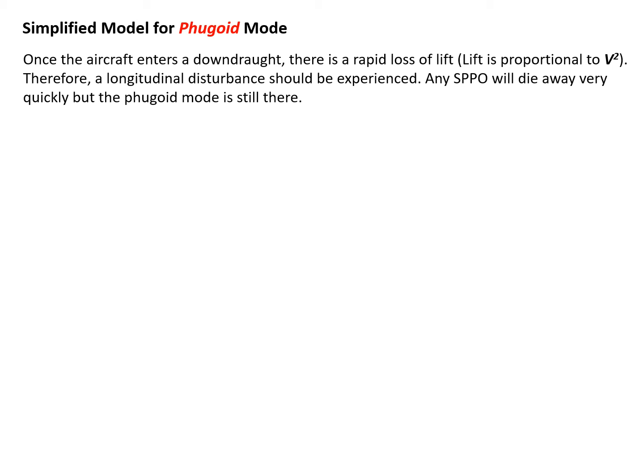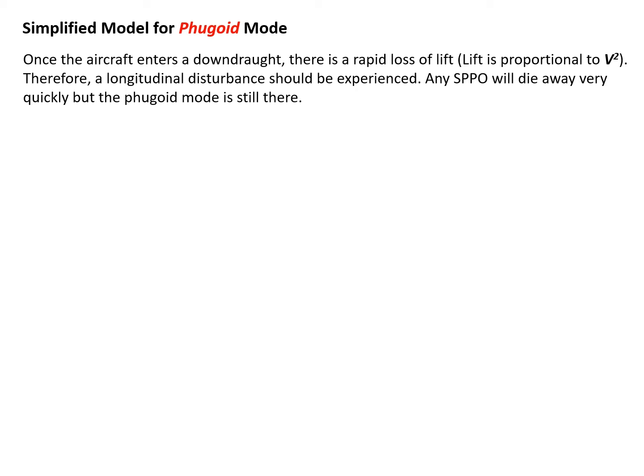Once the aircraft enters a downdraught, there is a rapid loss of lift because lift is proportional to the true airspeed, and we have significant loss of true airspeed. Therefore, longitudinal disturbance should be experienced because there is a velocity loss. Any SPPO will die away very quickly, but the phugoid mode is still there.